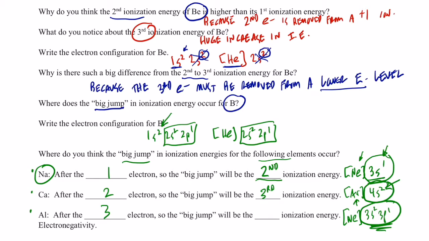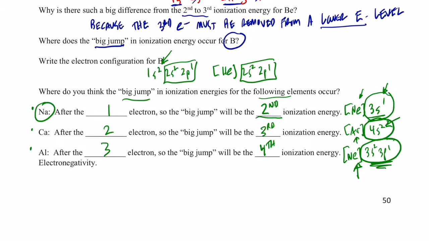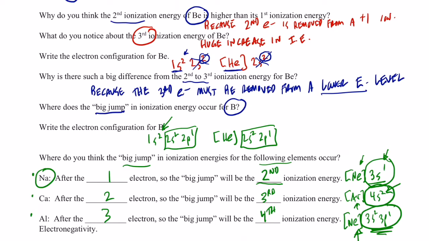So after the third electron, the big jump would be the fourth ionization energy. Because after the first 3, then I have to take it away from a closer energy level. Closer to the nucleus. We have a huge proton to electron ratio at that point as well. But the big thing is we're taking it from a lower energy level. All right, how did you do on those? We'll probably review those in an upcoming video.